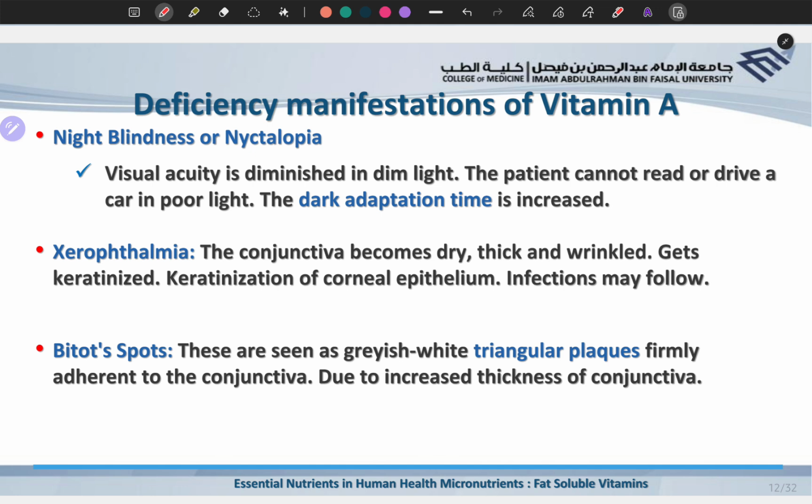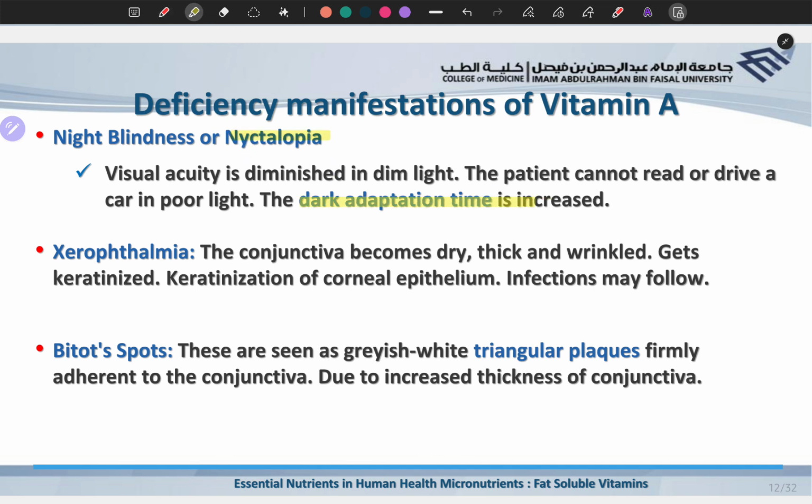But after 5 minutes or 10 minutes, you are able to make out where the things are kept. Yes or no? Now, the first thing to happen in vitamin A deficiency is prolongation of the dark adaptation time. It takes a longer time to adapt to the dark. This is referred to as night blindness or nyctalopia. Is it clear?